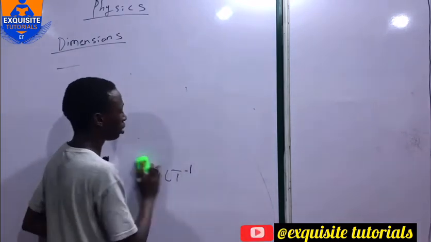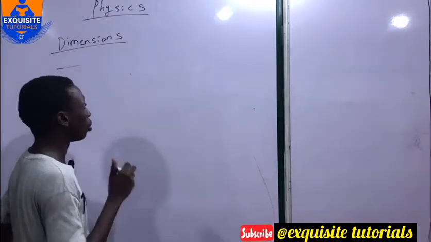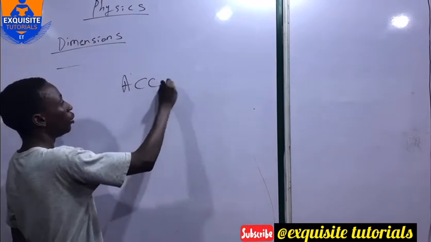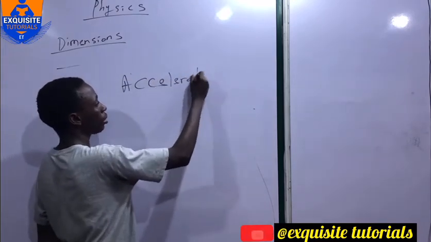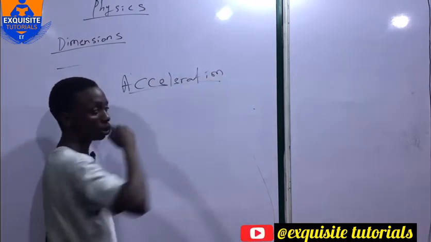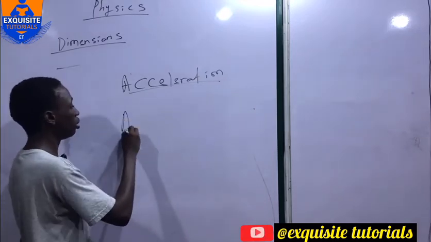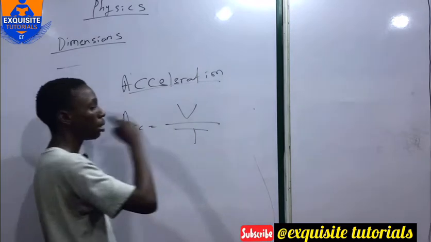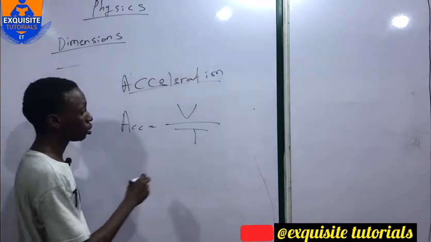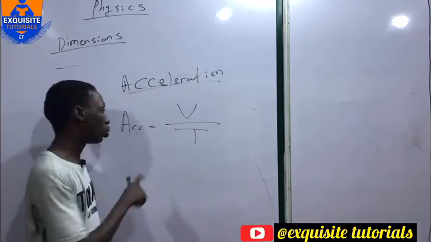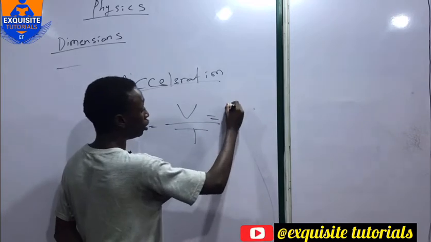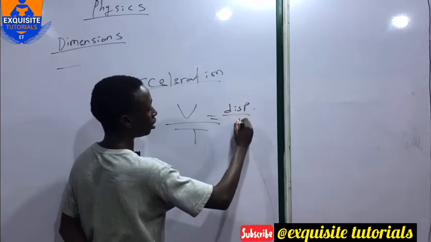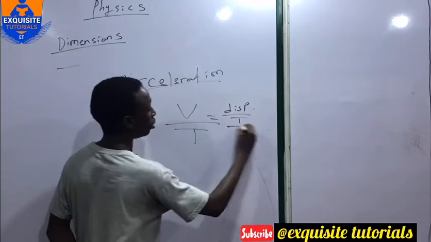Let's take another one. Let's take the dimension for acceleration. Now we know that acceleration is equal to velocity over time, and we know that velocity is equal to displacement over time. So acceleration is equal to displacement over time, that is for velocity, then over time again.